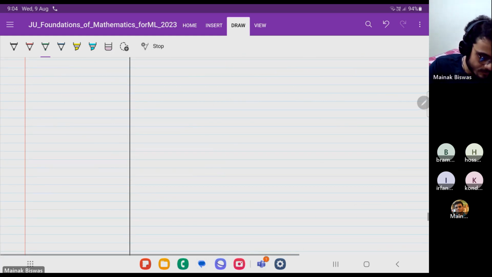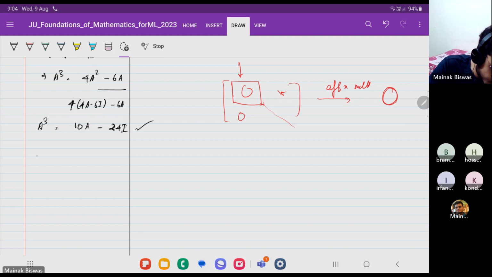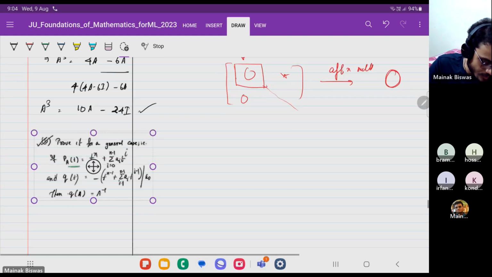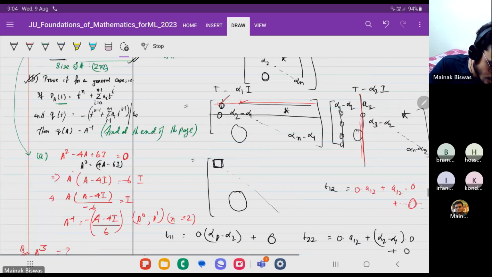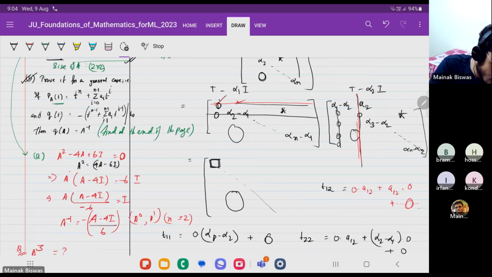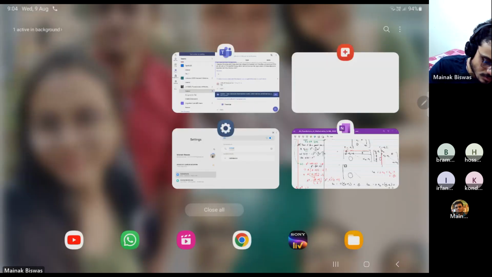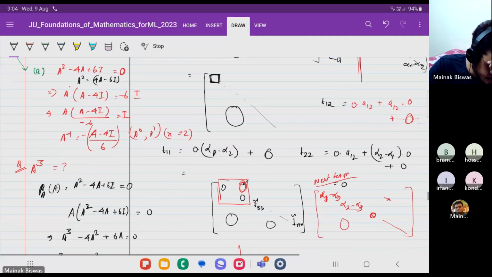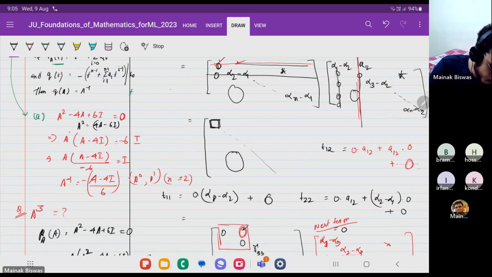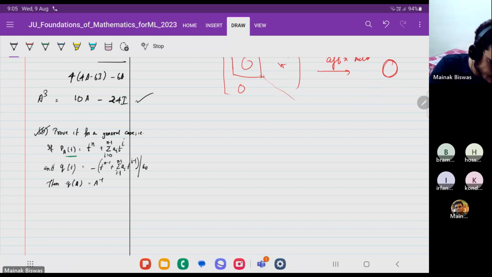Or here only we can find, right? So how will you prove this?